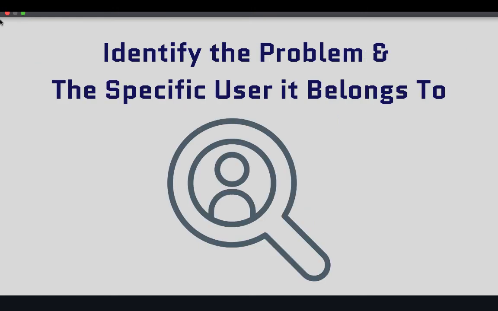We're going to identify the problem and the specific user it belongs to. When we're studying, we'll state, "The problem that this app seeks to solve is X," and I want you to practice stating that information.